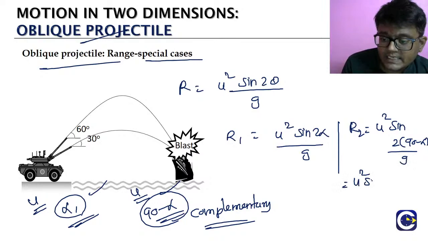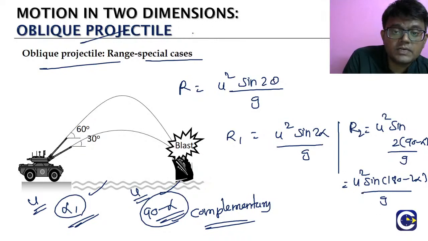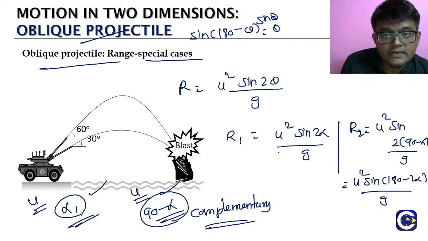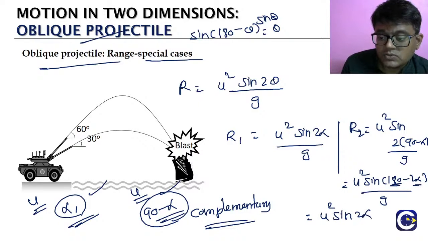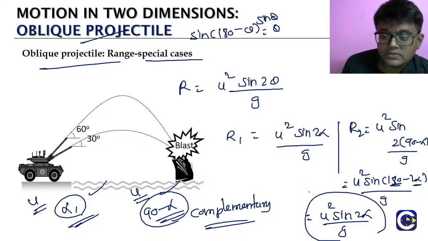Multiplying by 2 gives 180 minus 2 alpha. We have already seen that sin of 180 minus theta is sin theta. So u square sin 2 alpha by g.